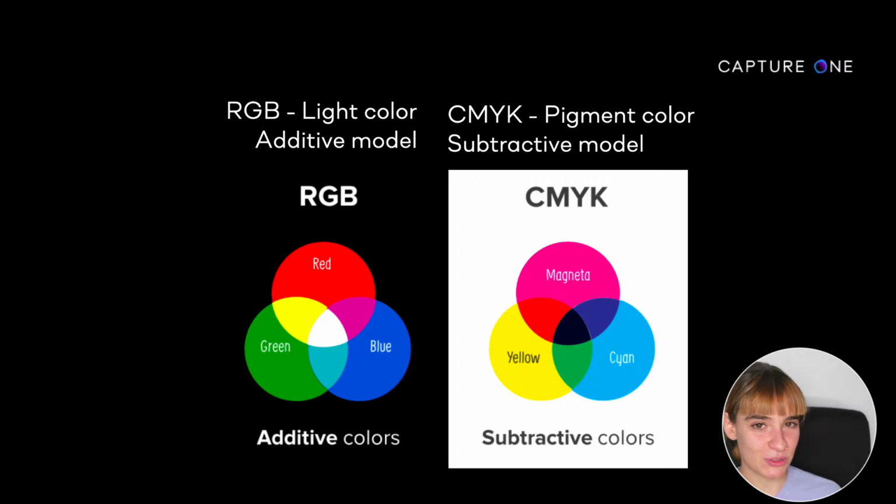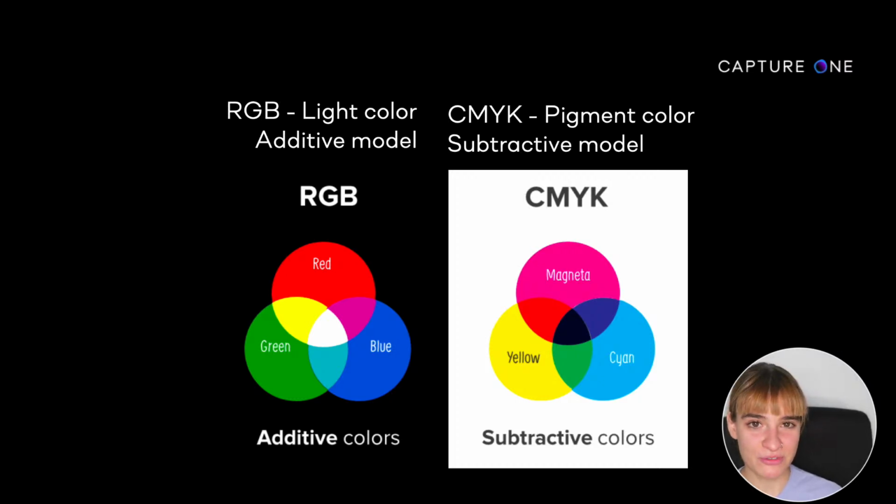We will not be talking about the CMYK model today. This we will leave for another session, maybe in the future. But just so you have a little reminder in mind, in this model the primary colors are yellow, magenta, and cyan, and the mix of the three results in black. That's what is happening in the real world that we see and touch with paint and things like that.